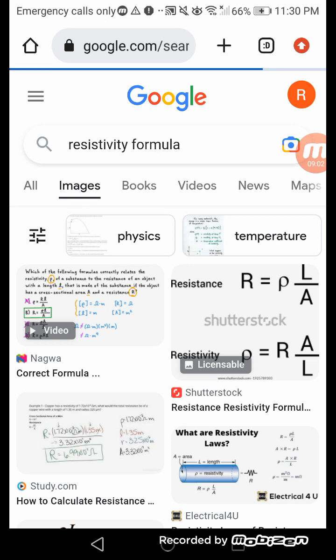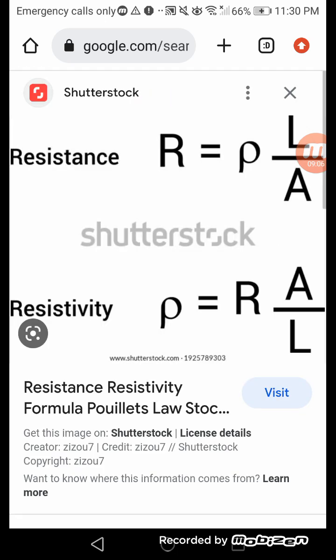The formula for resistivity is what? See here, R is equal to resistivity multiplied by length divided by area.